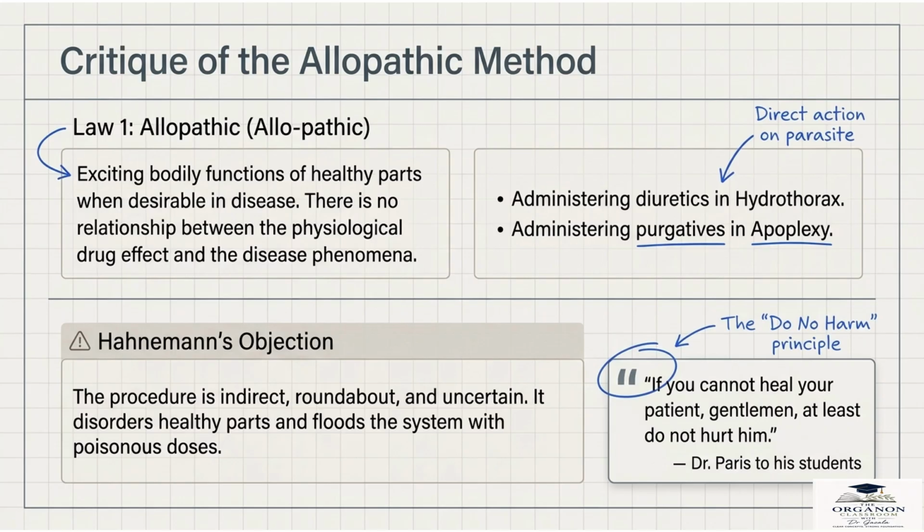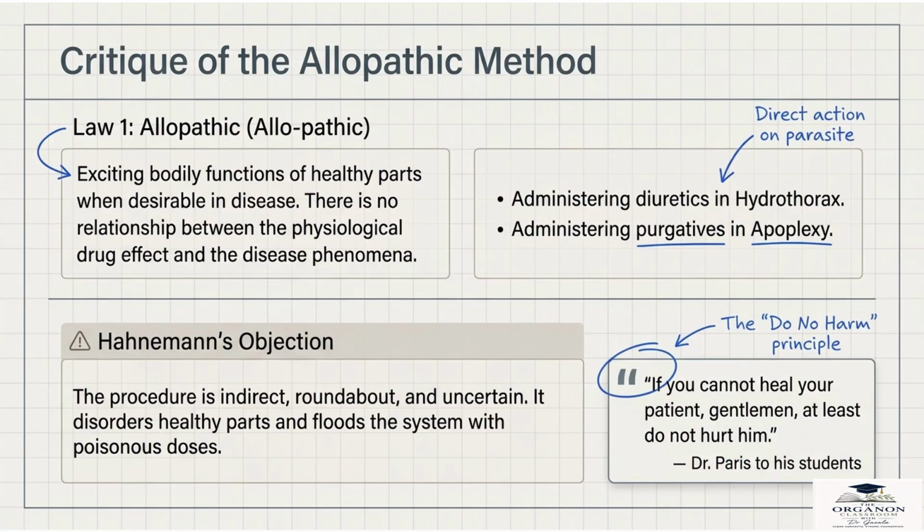Let's now have a look as to why Hahnemann has criticized the allopathic method and not been a big fan of it. Because first of all, we should know that the term allopathy was coined by Hahnemann himself. Okay, he was the one who gave the modern medicine its name, which is allopathy.